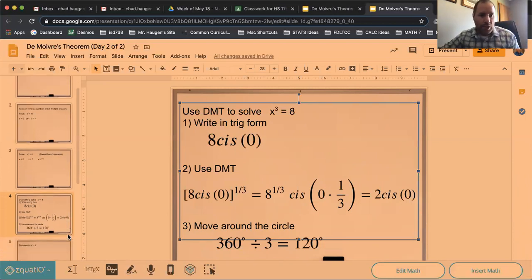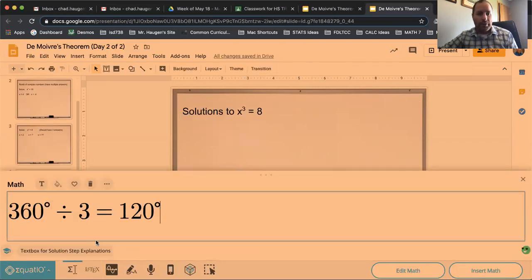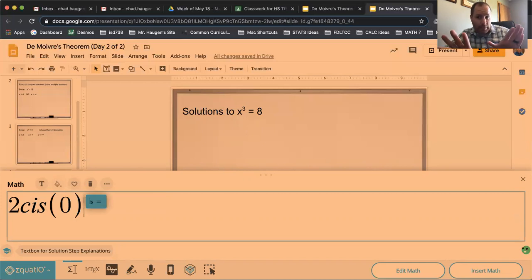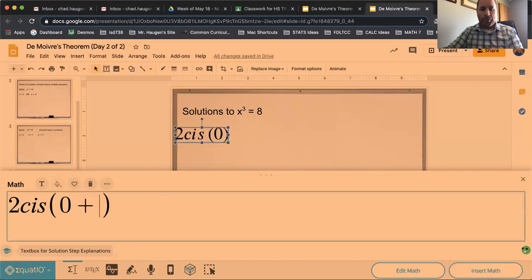So here would be all the answers. Okay, here are all the solutions to this. Our first solution, and I'm going to put these each one at a time, so if you want to jump ahead, you certainly can. But here's one of them, 2 cis 0. That's it, right? That initial answer we get, that's still going to be correct. Okay, so that's one of them. The next one that is possible, we are going to move by 120 degrees.